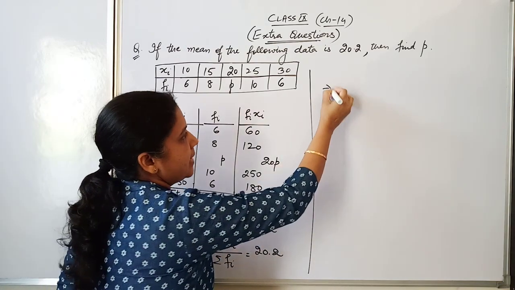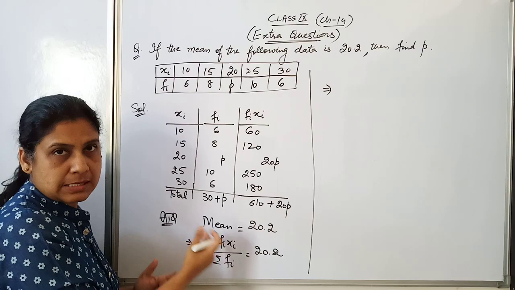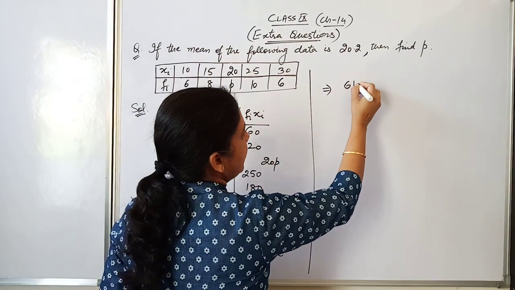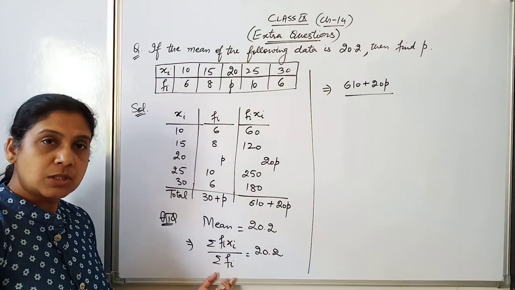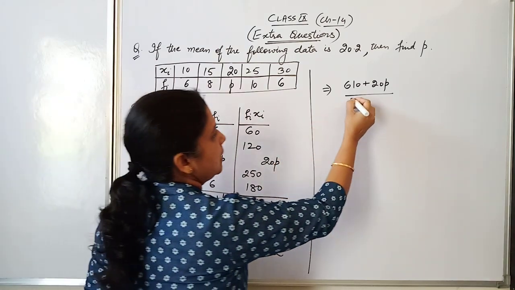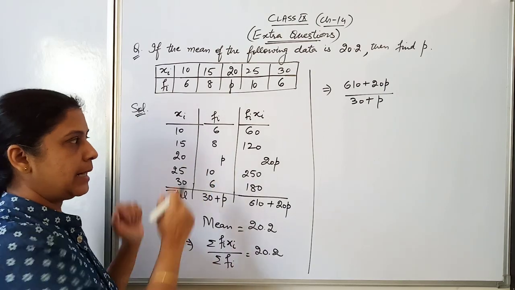Summation Fi Xi means total of the column of Fi Xi, which I have already taken as 610 plus 20P, divided by summation Fi, that is sum of all the frequencies, that is 30 plus P. So this is the value of mean if we solve it from the given data.